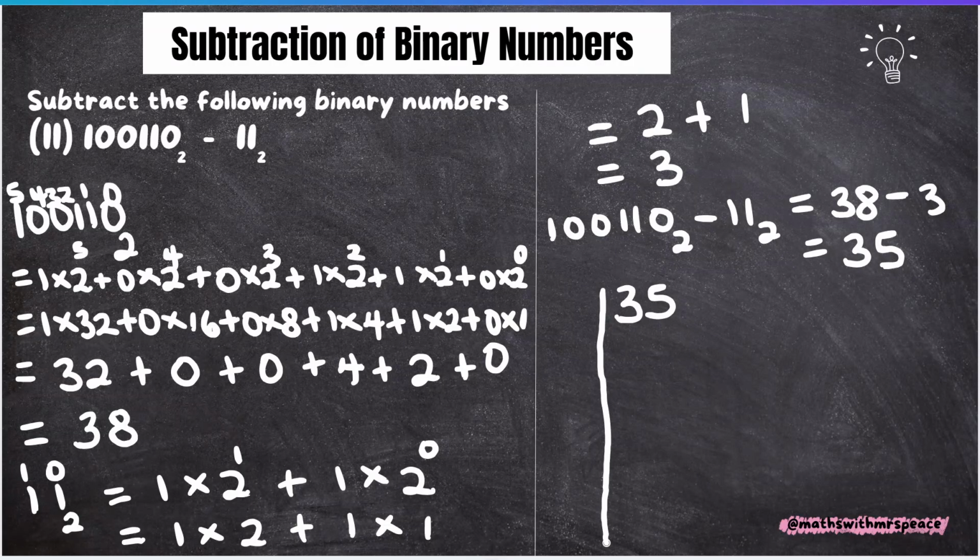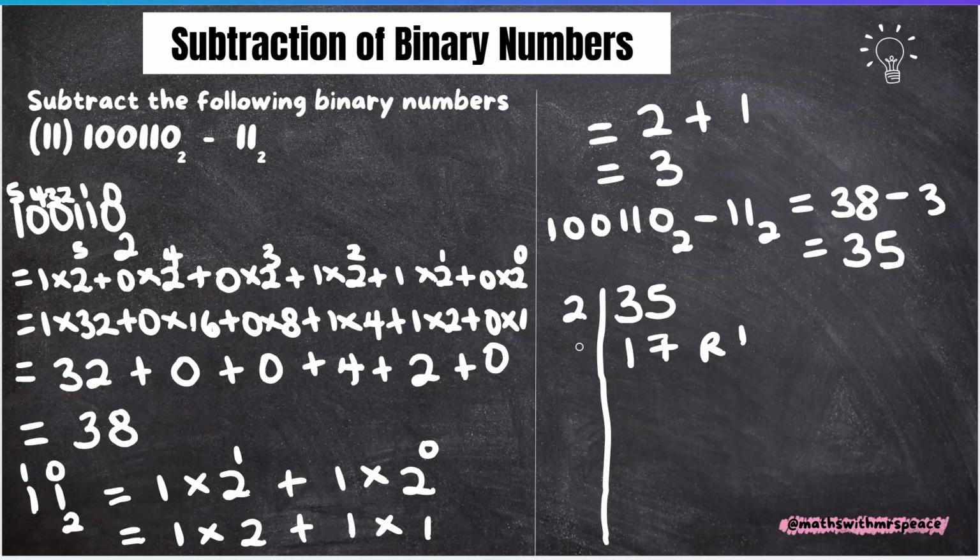divide 35 by 2 while we store our remainder. So 35 divided by 2 is going to give us 17, remainder 1, because 17 times 2 is 34.